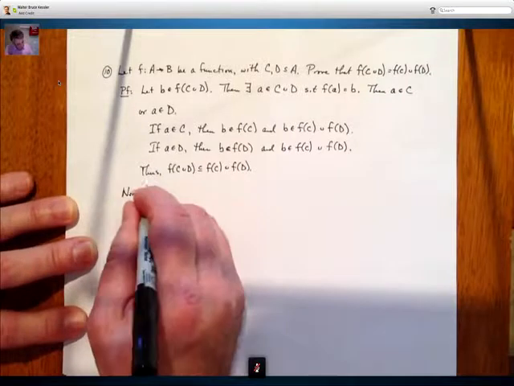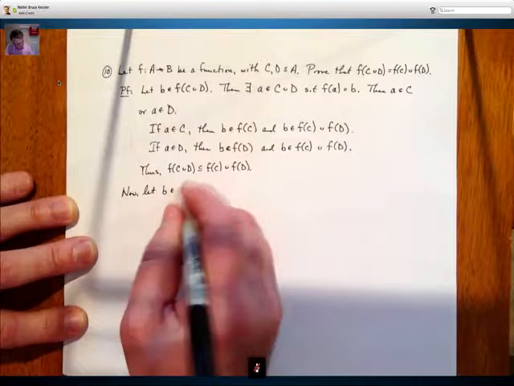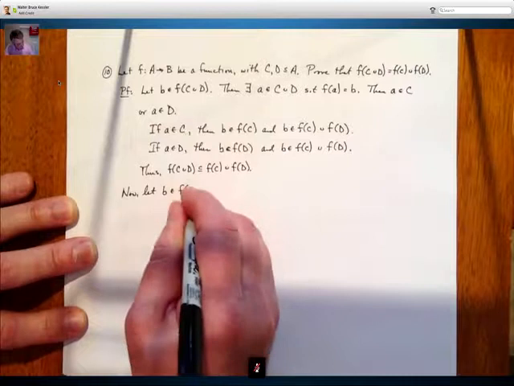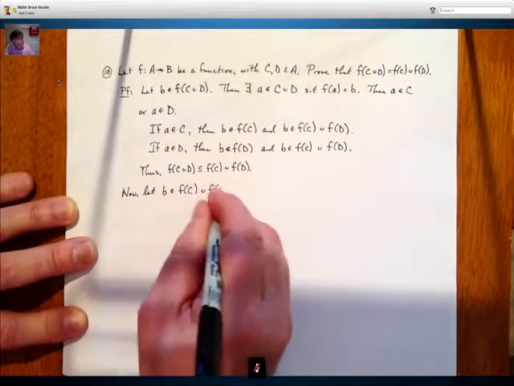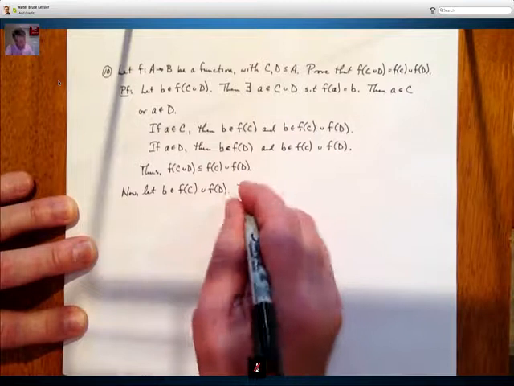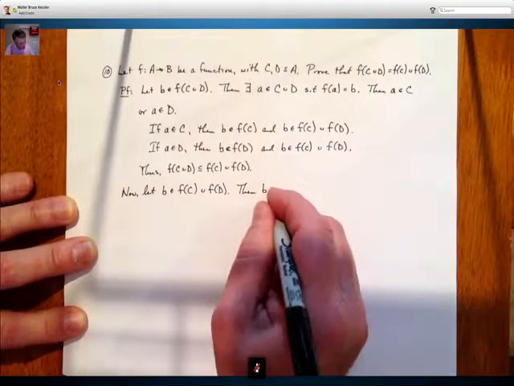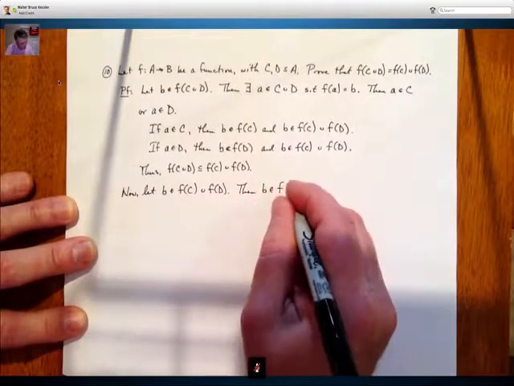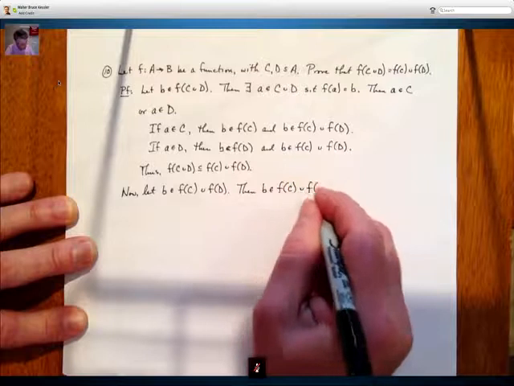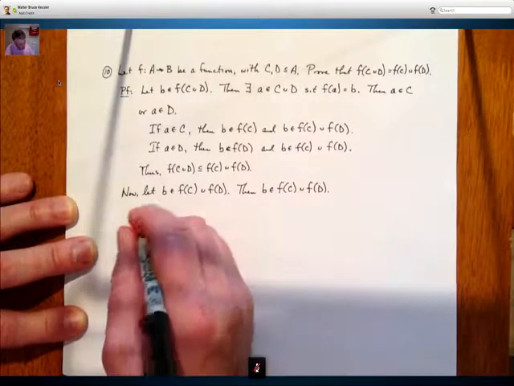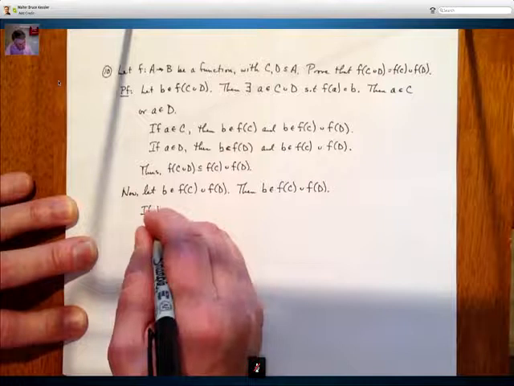So now we want to go the other way. Now let b be an element of f of C union f of D. Then b is in one or the other. So you've got to look at the two cases.